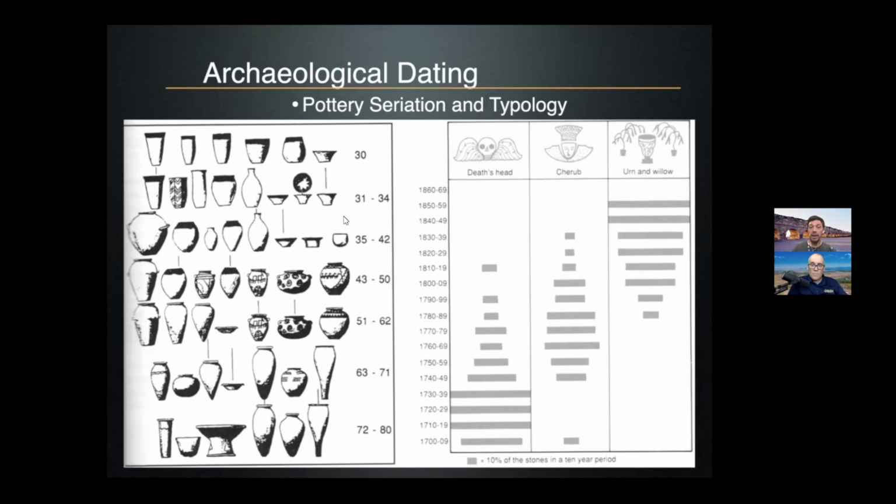And the way he did that is by establishing a seriation, which looks like this chart here, what we call today a battleship curve, because it kind of looks like a battleship when you look down from the top. And the rationale behind this is that any given type of pottery is probably not going to start out, there's not like a special release date for a brand new type of vessel.